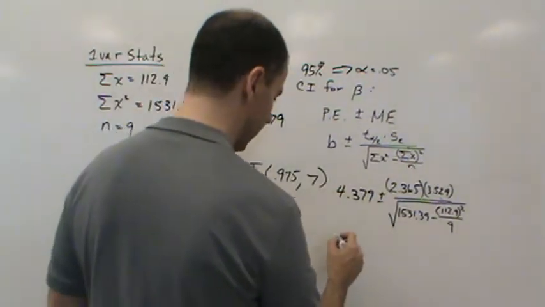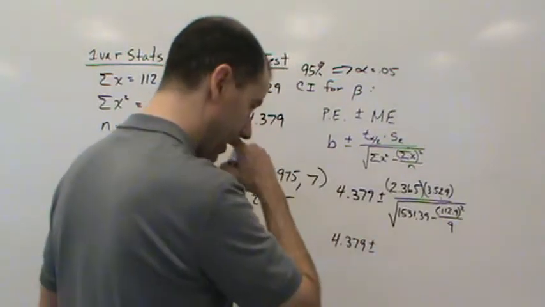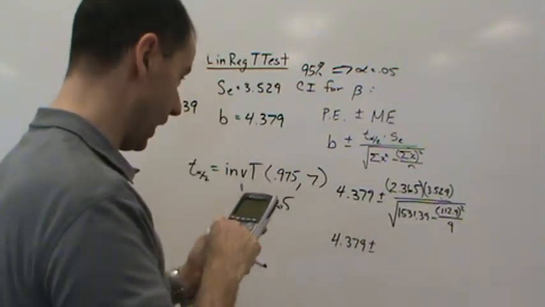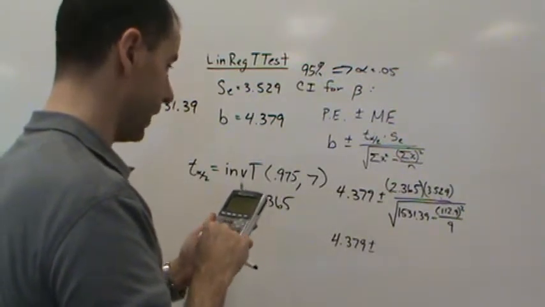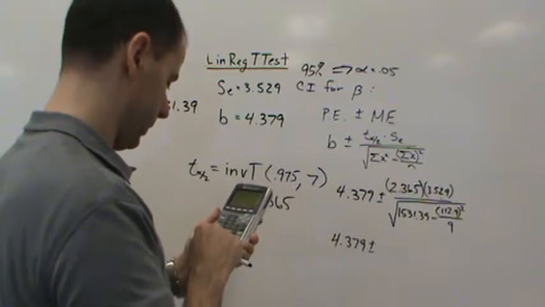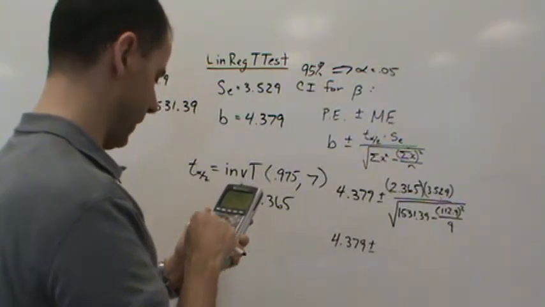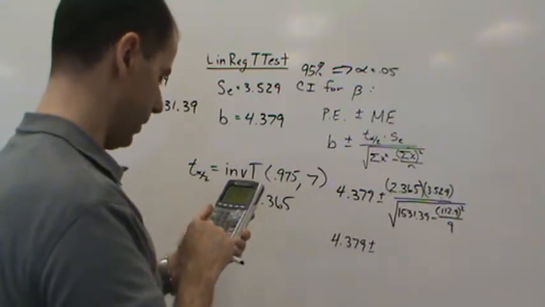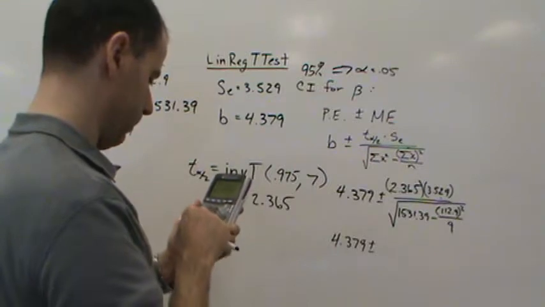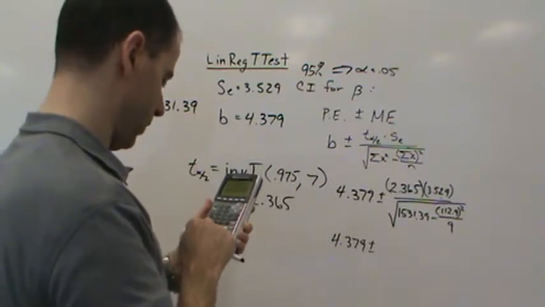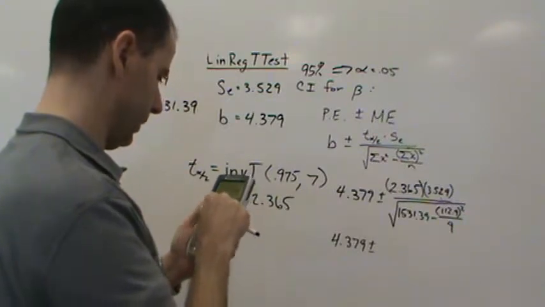And so now I'm going to get 4.379 plus or minus, so I'm just going to calculate this out. 2.365 times 3.529 and divide that by the square root of 1531.39 minus 112.9 squared divided by 9.